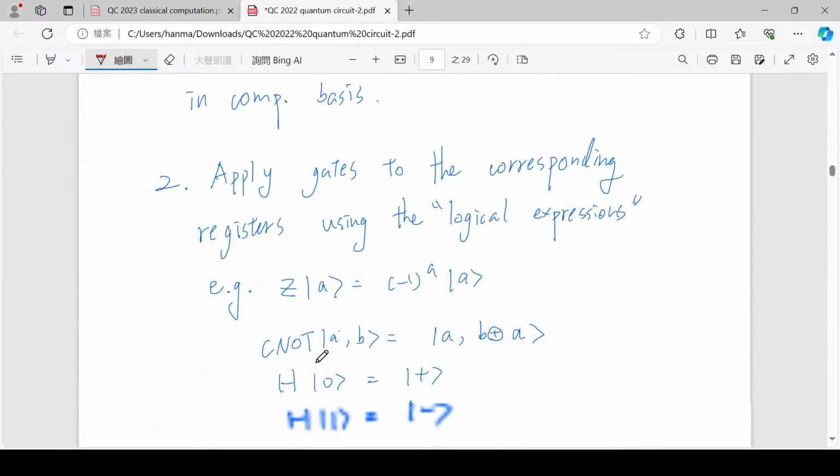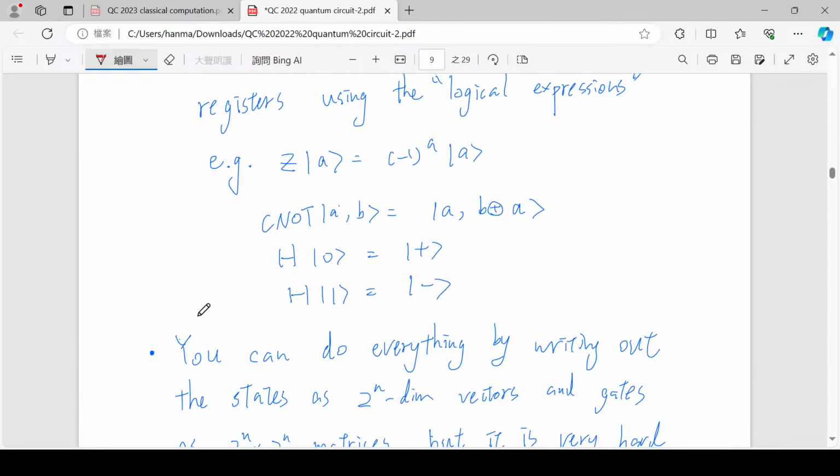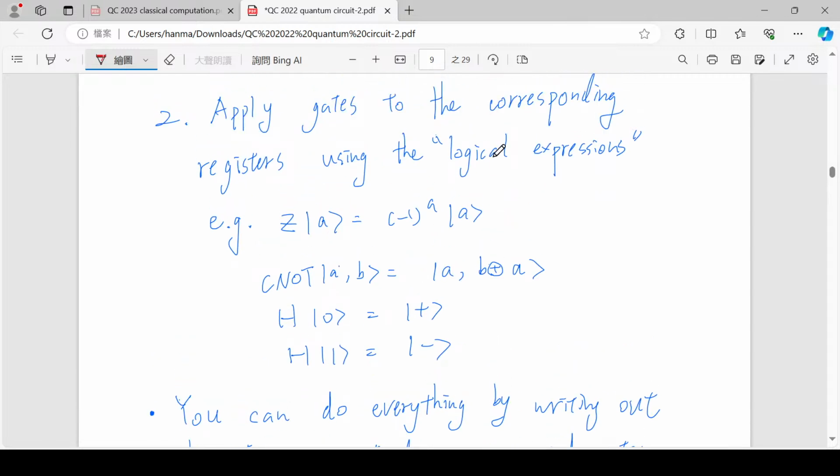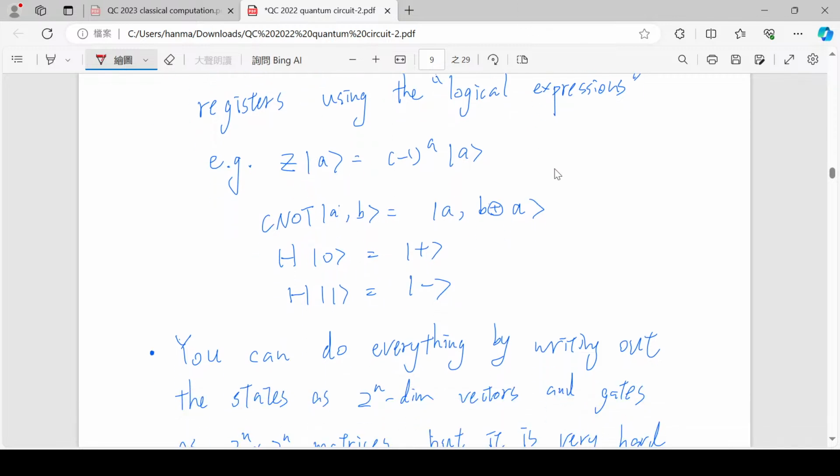Anyway, we have the ambiguous notation, but just keep it like that. I think it's not too much trouble throughout the course. Back to the logical expression, the most common things we use are Z, C naught, and Hadamard, and I guess we should also have X here, right? So X on A is equal to A plus 1.